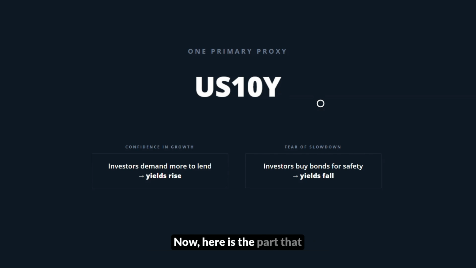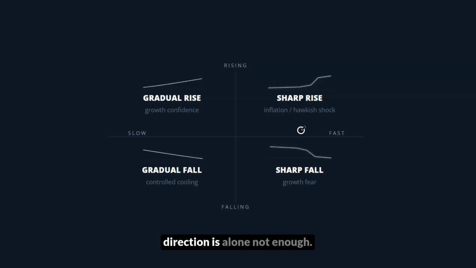Now, here is the part that most traders miss, because direction alone is not enough. See, the 10-year yield drifting higher over 6 weeks does not mean the same thing as the 10-year yield exploding higher in 3 sessions. A gradual rise is not the same as a sharp rise.